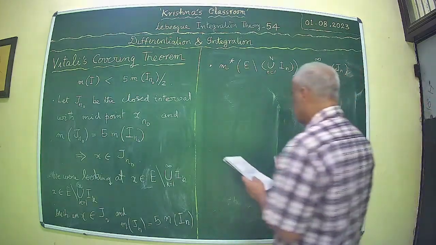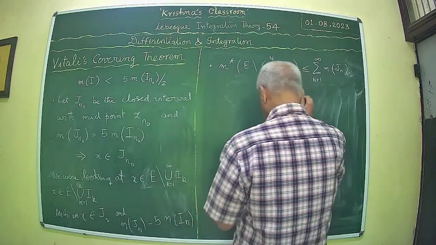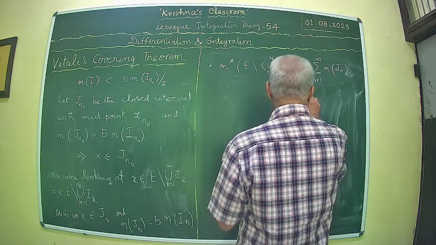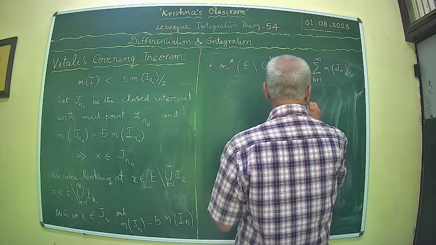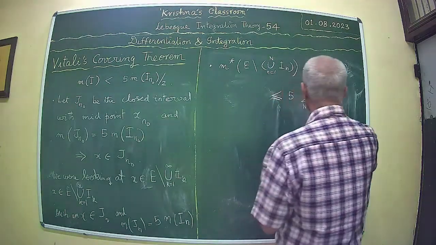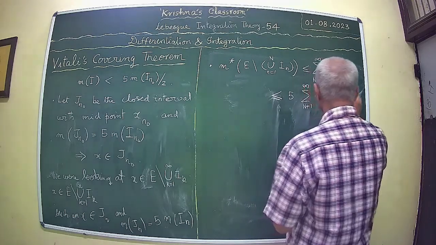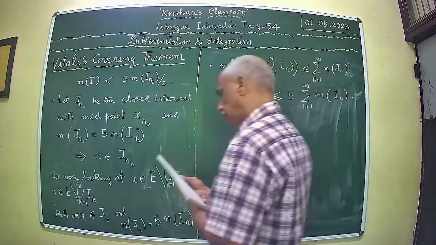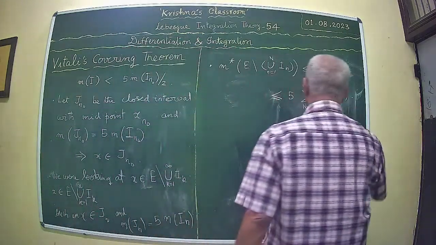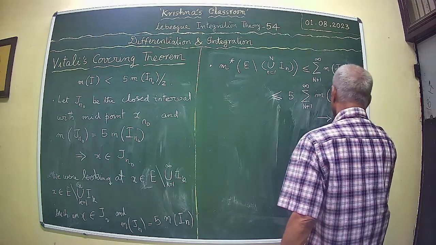And this is less than or equal to 5 times sigma n plus 1 to infinity of measure of I n, and you know that this tail goes to 0 as n tends to infinity.